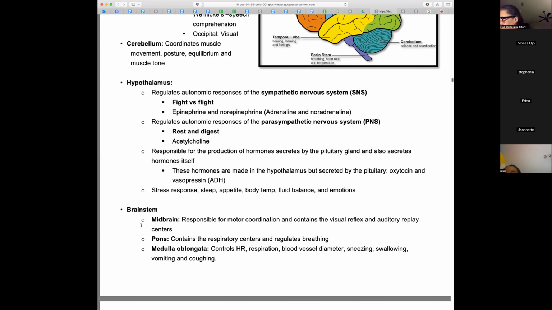In the brainstem, you have the midbrain, the pons, and the medulla oblongata. The medulla oblongata controls your heart rate and your breathing. So it's in the brainstem.